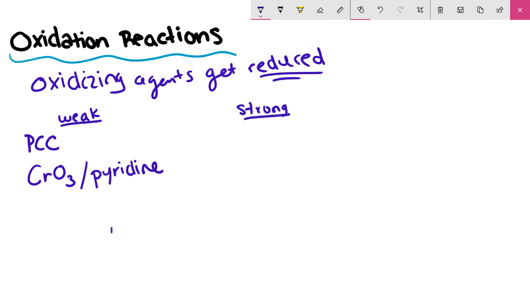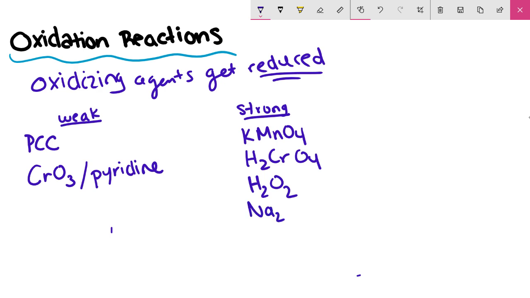So there's a ton of strong oxidizing agents, and these include things like KMnO4, we've got H2CrO4, we've got H2O2, and that's peroxide. And we also have things like Na2Cr2O7. So essentially, you're probably seeing a pattern here.